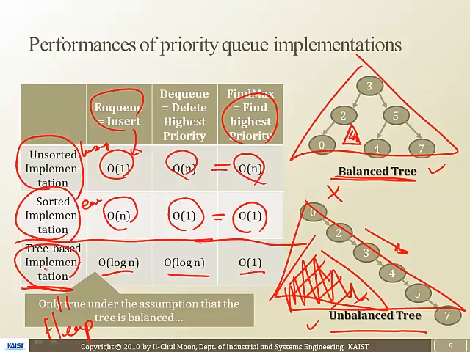Tree-based implementation in the average case or in a balanced tree, we don't have that condition. It's just a tree-based implementation, which means that this binary heap, these heap structures, are always going to be balanced, right? And the whole point of the second part is how to make the tree balanced. That's the whole point of the second part of this lecture.